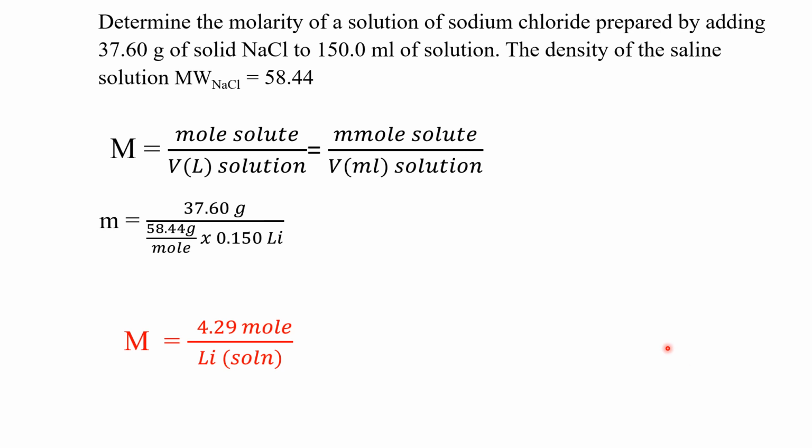Let's go back: gram and gram cancel, milligram and milligram cancel, millimole goes to the numerator, and what remains is millimole per ml, which is the unit of molarity. So the molar concentration is 3.936 millimole per ml solution.